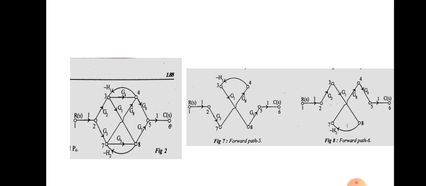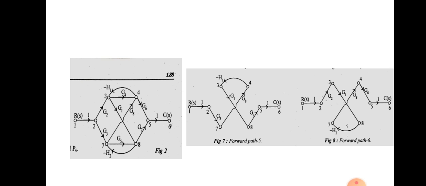Similarly, we can go from 1 to 2, 2 to 3, and 3 to 8, and 8 to 7, 7 to 4, 4 to 5, 5 to 6, which is another forward path.